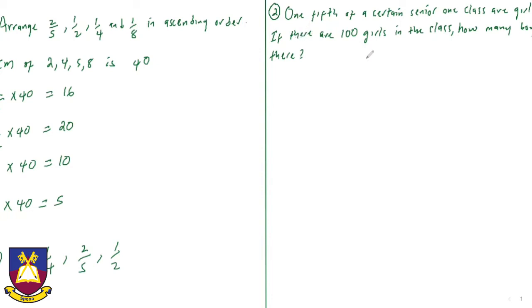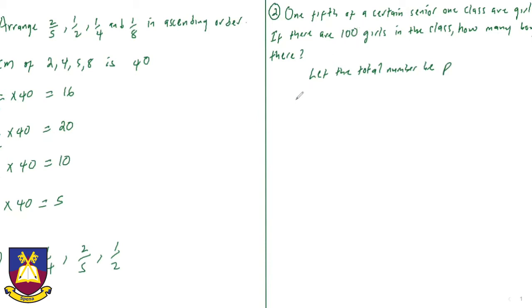We don't know the total number of students, so let the total number be P. Of this total number of students, 1/5 are girls, and the number of girls is 100.